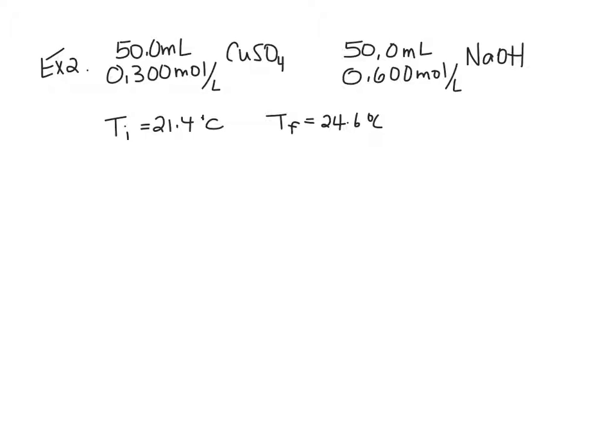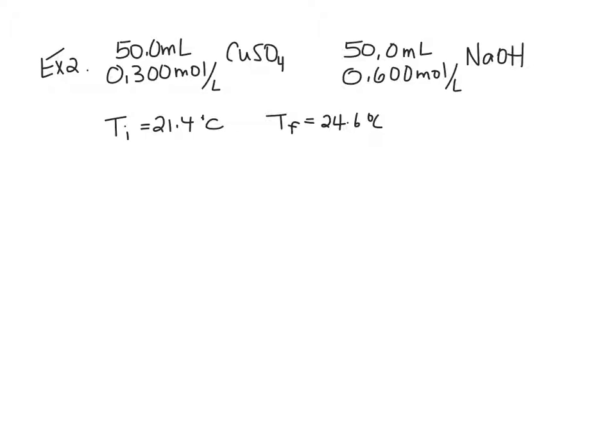These two aqueous solutions produce a precipitate of copper 2 hydroxide and aqueous sodium sulfate. The initial temperature of both solutions is 21.4 degrees Celsius. After mixing in a coffee cup calorimeter, the highest temperature recorded is 24.6 degrees Celsius. Determine the molar enthalpy of change for copper 2 sulfate.